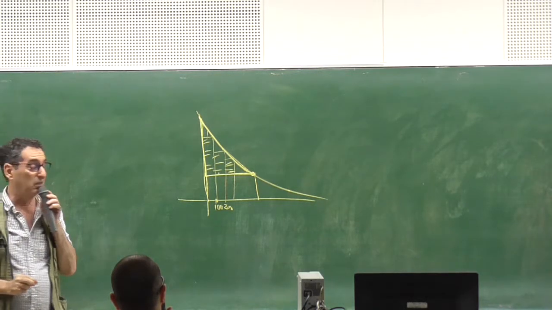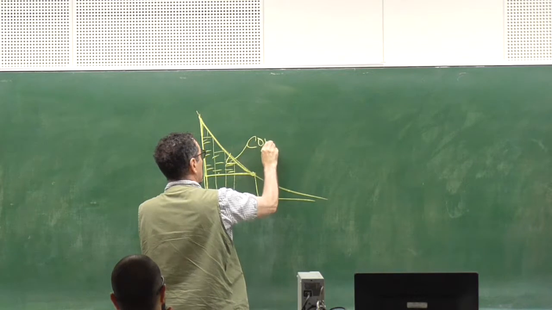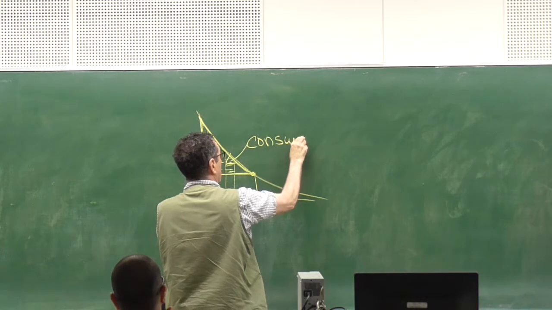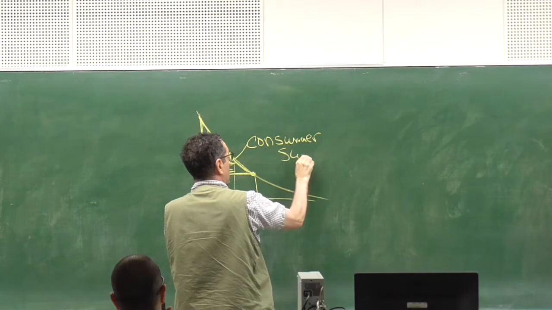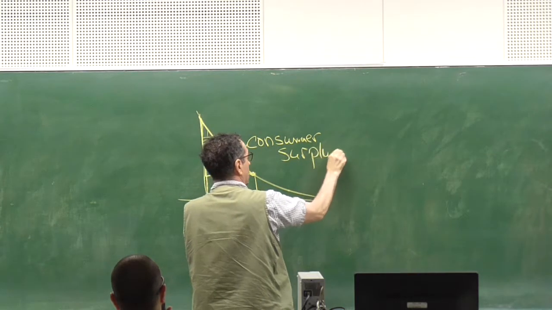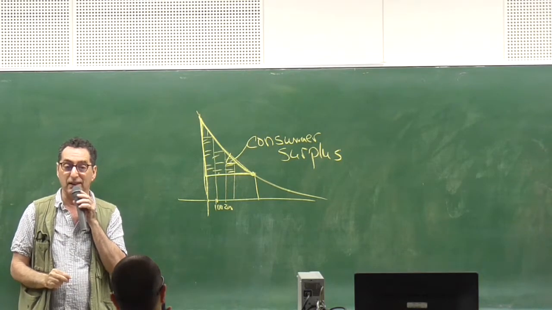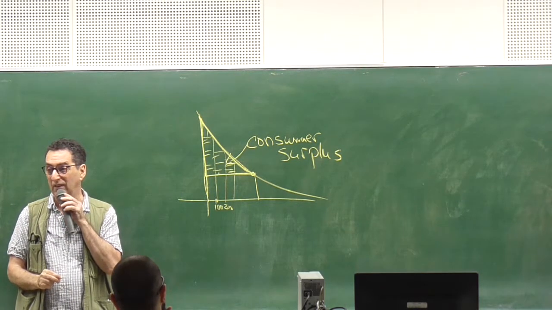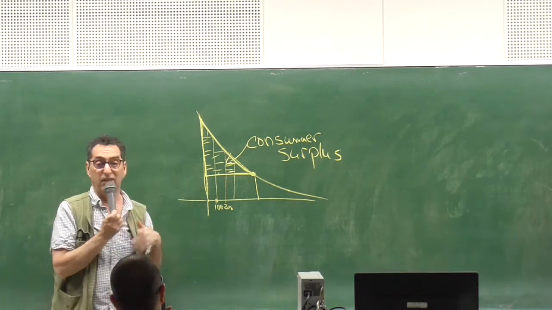Okay? So, that's called the consumer surplus. It's because that's like something the consumer gets. Basically, the consumer is getting this benefit. Okay? So it's called the consumer surplus. It is this area, right?